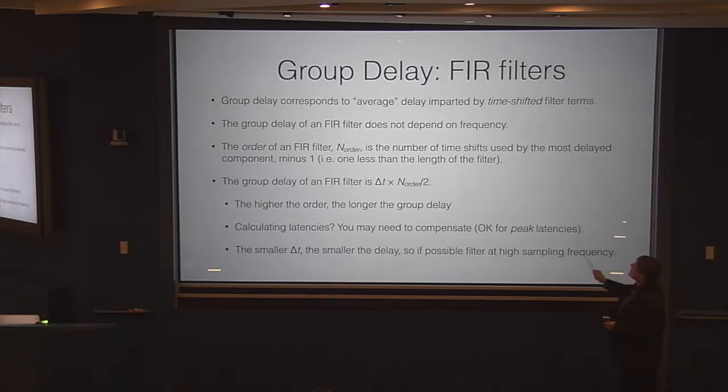And so that average is going to work. And roughly speaking, if you look at the order of the filter, which is, for historical reasons, the length of the filter minus 1, then the group delay for an FIR filter can always be calculated to be half that order, and then in time, times your delta t.